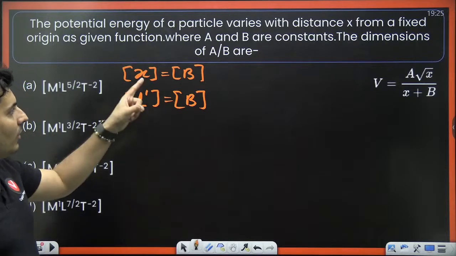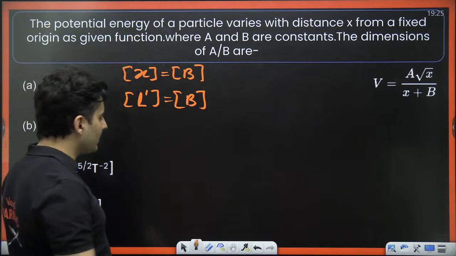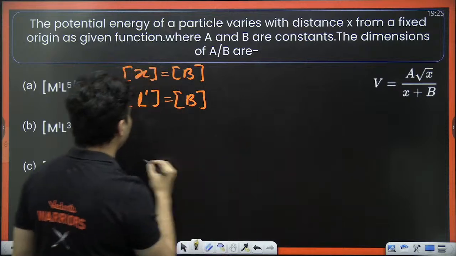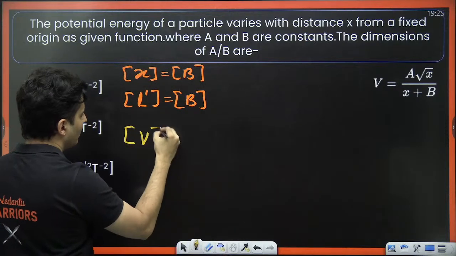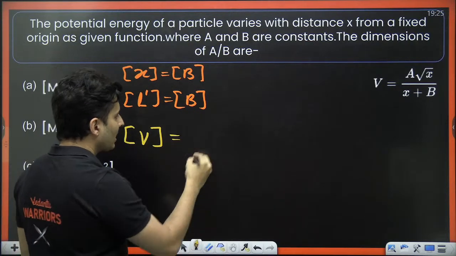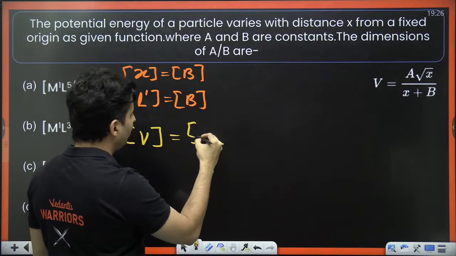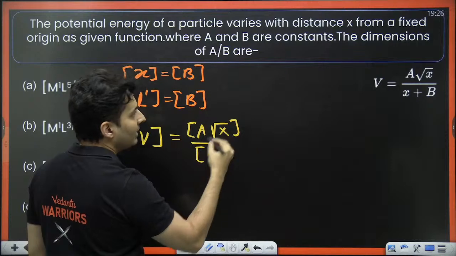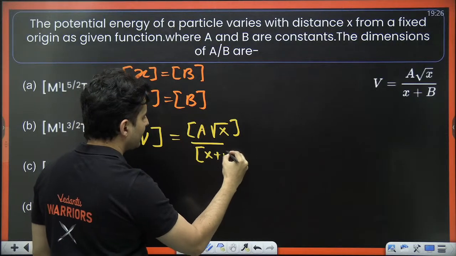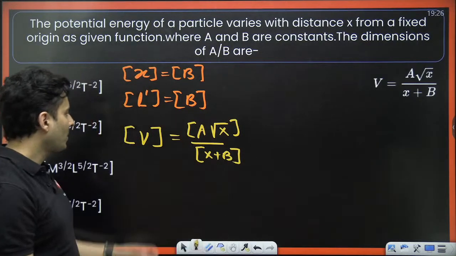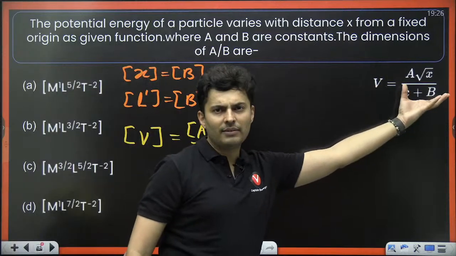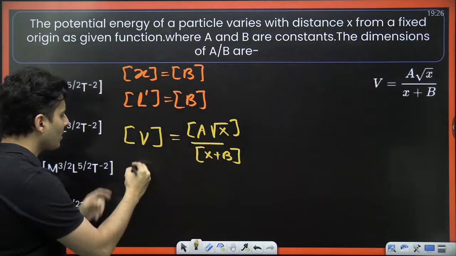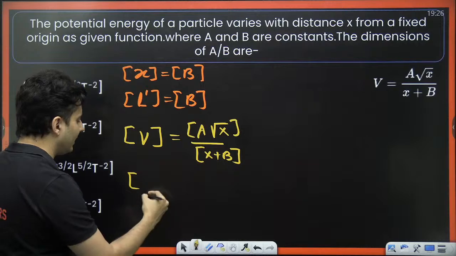Now the potential energy. The dimension of V must be the same as the dimension of A root X upon the dimension of X plus B. Left hand side must have the same dimensions as right hand side. What is the dimension of potential energy?